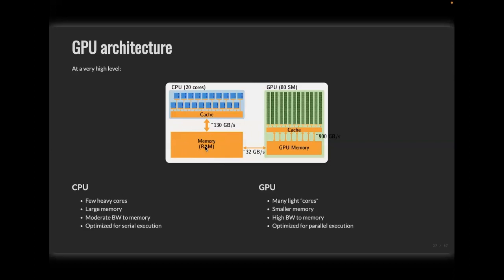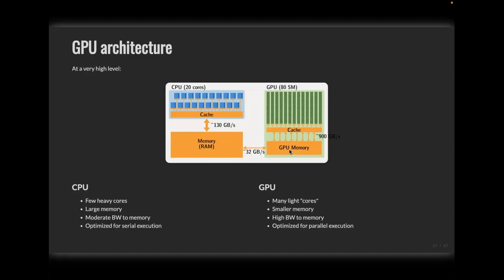So in order for the GPU to use the data that is sitting here, you need to move it over to the GPU memory over this relatively slow connection, which in this case is the number for PCI Express, which is 32 gigabytes per second. I think that number is for PCI Express 3, PCI Express 4 is a bit faster. But in any case, this number here will always be slower than this.